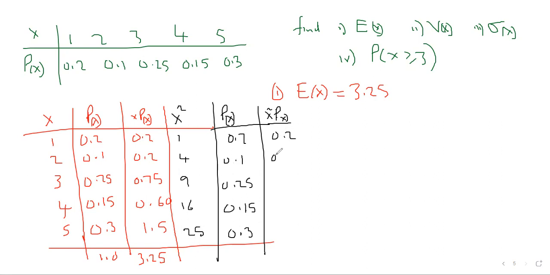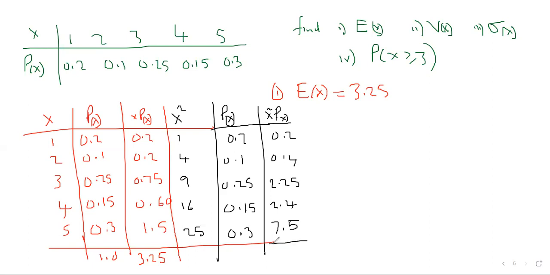So let's multiply: 1 times 0.2 is 0.2. 4 times 0.1 is 0.4. 9 times 0.25 is 2.25, correct. 16 times 0.15 is 2.4. 25 times 0.3 is 7.5.